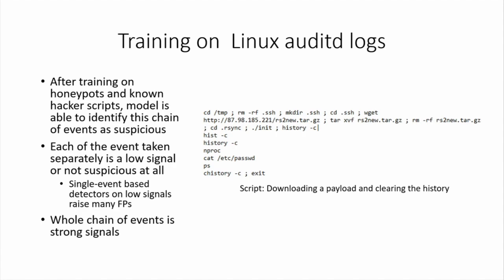But the combination of all these signals, even if each signal taken separately is very low or not suspicious at all, the whole chain of events gives us a very strong indication of malicious activity. So we saw that this attack, for instance, which would go under the radar with our current single-event detector, was able to be detected using this approach.